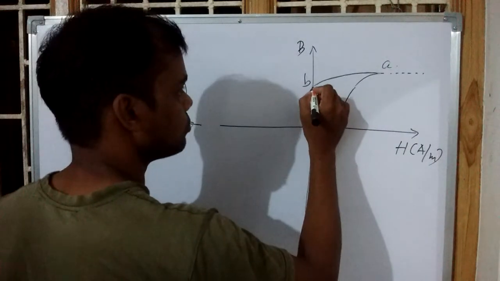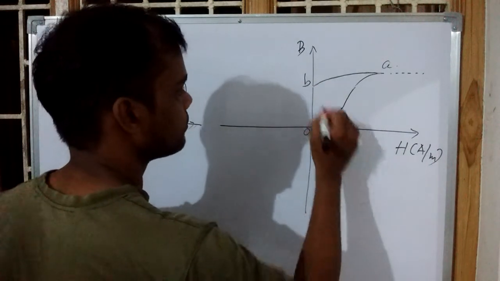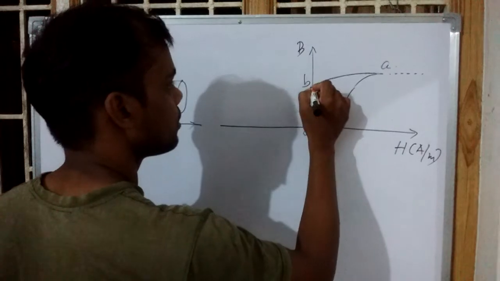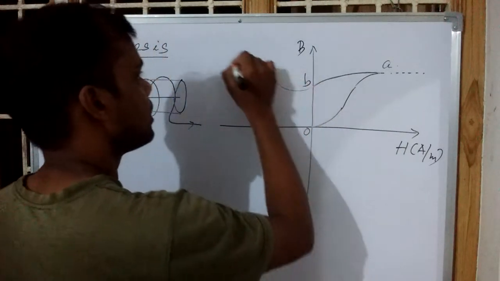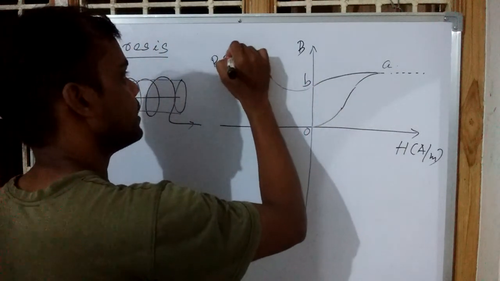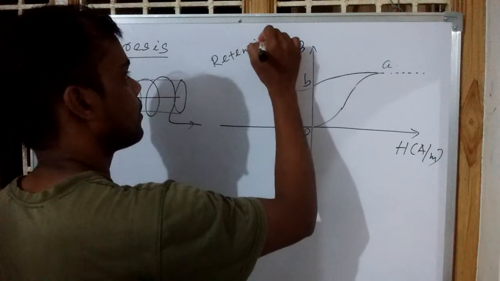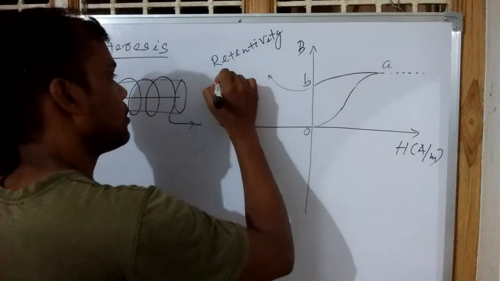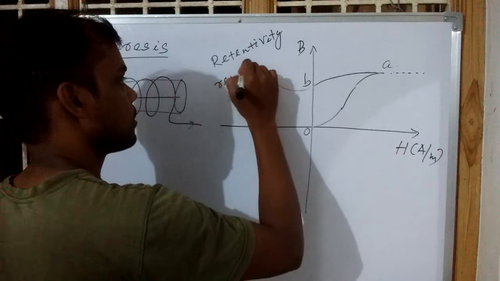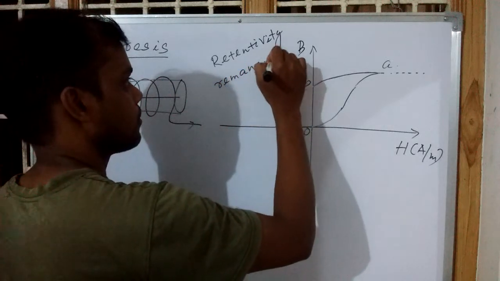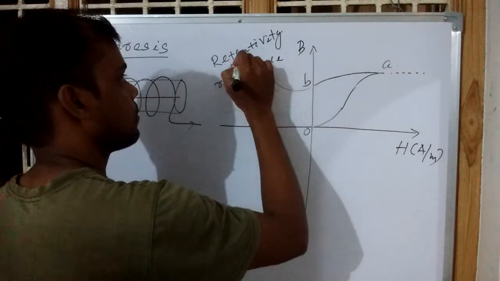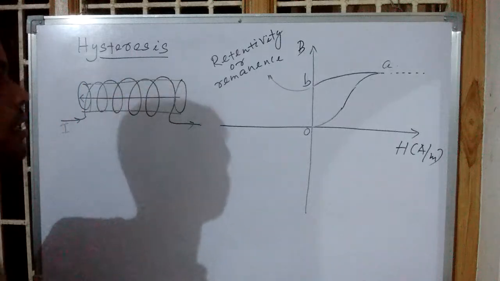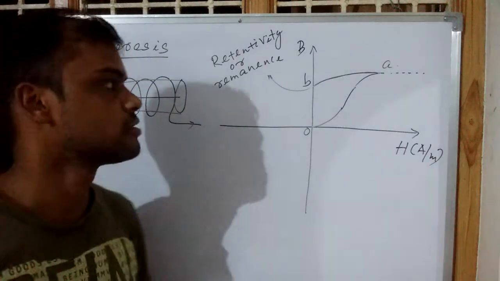This value of B is called retentivity, or remanence.